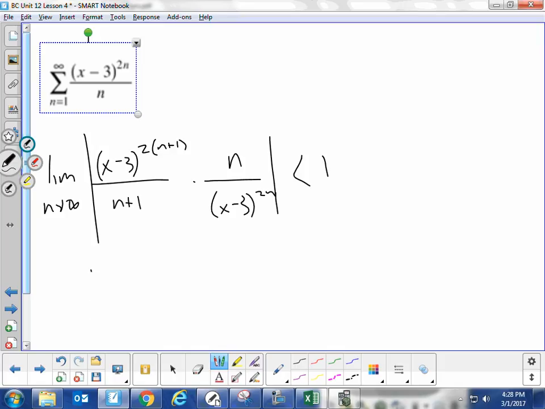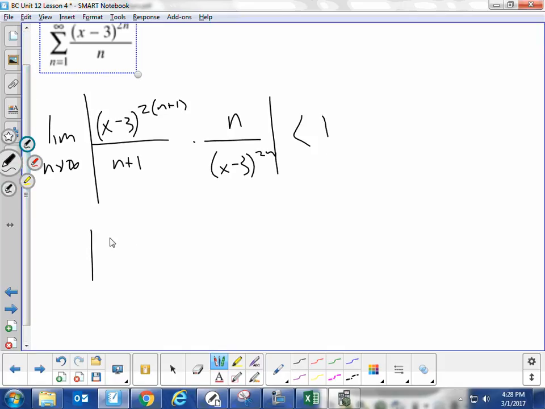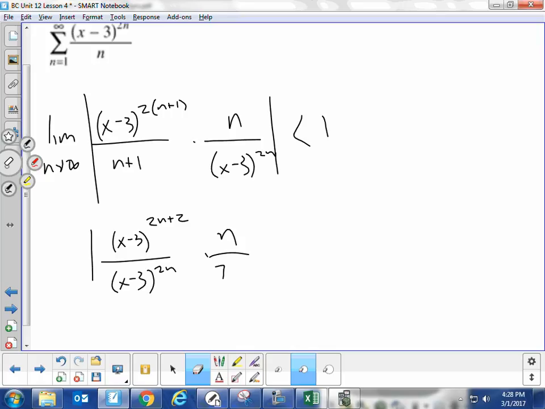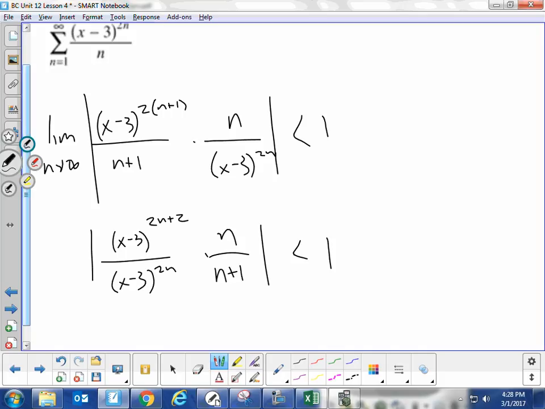Now let's simplify it. I'd have (x minus 3) to the 2n plus 2 over (x minus 3) to the 2n, times n over n plus 1. That has to be less than 1.